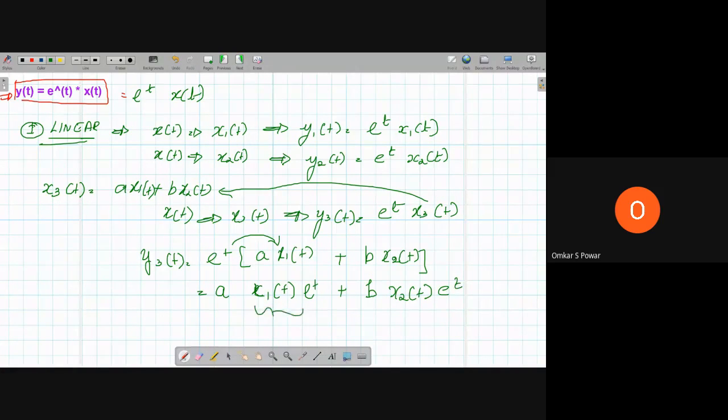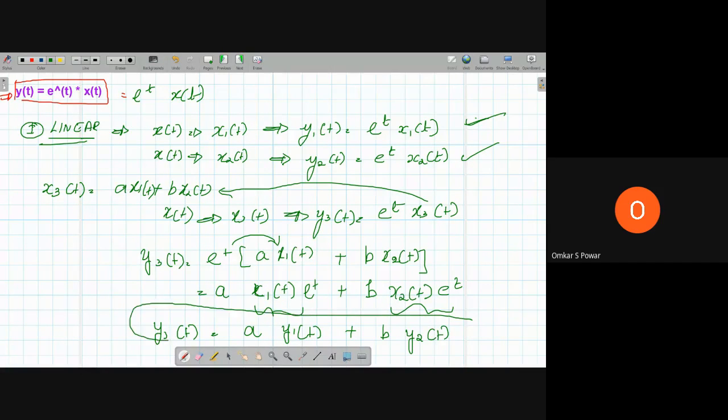So what are this x1 of t into e power t and x2 of t into e power t? It is y1 of t and y2 of t. So y3 of t is equal to a into y1 of t plus b into y2 of t. So what does this satisfy?